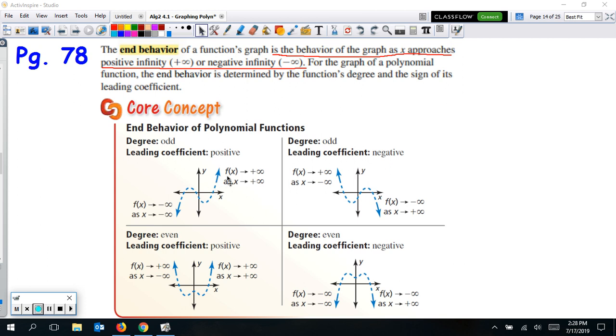So your f of x, which is the graph, is approaching positive infinity. So that's basically what's going on here. If you can keep these straight, it's really not hard at all to figure out what you're supposed to do. You know you're going to use infinity symbols. The question is, is it supposed to be negative infinity or positive infinity? So I have a little easy way to remember that.